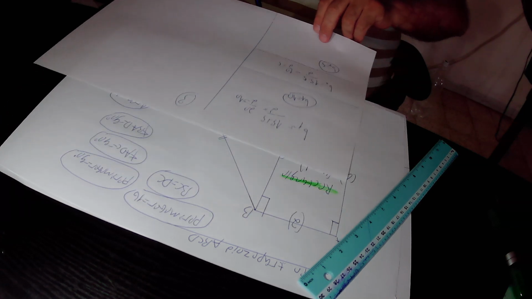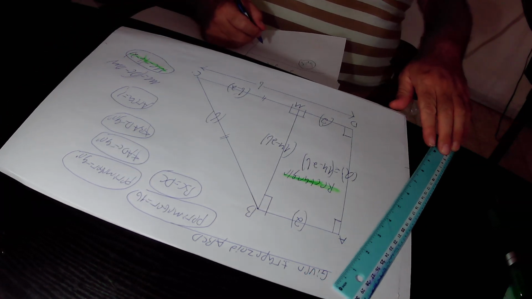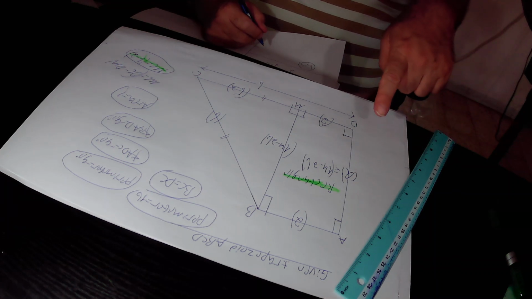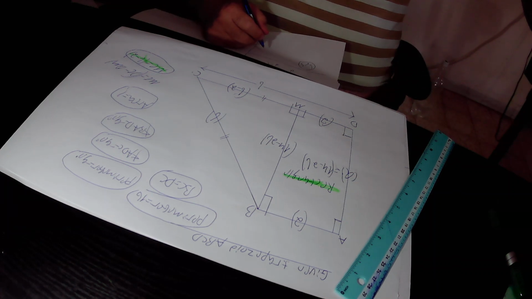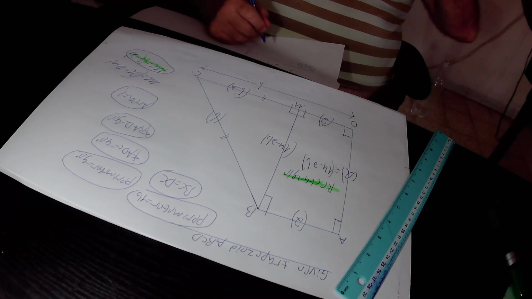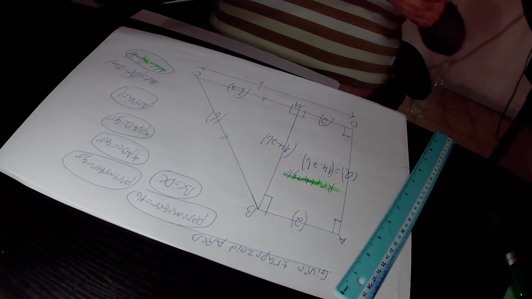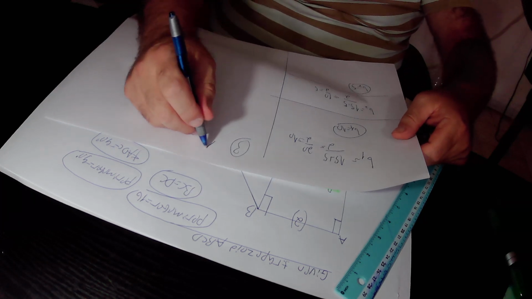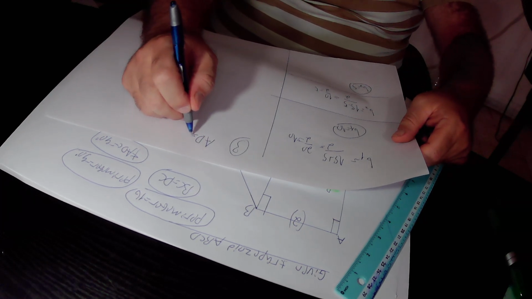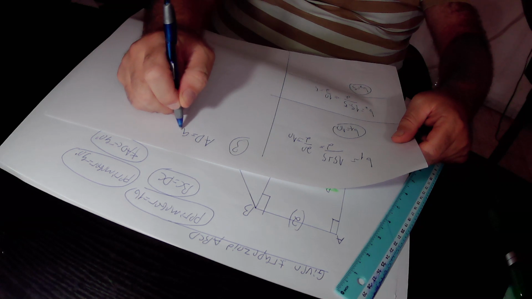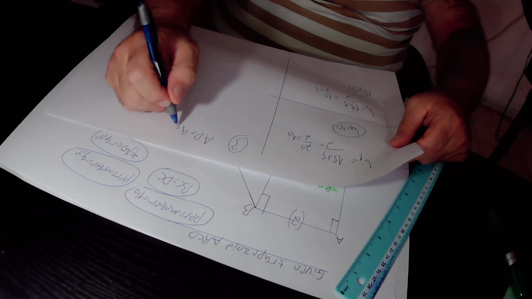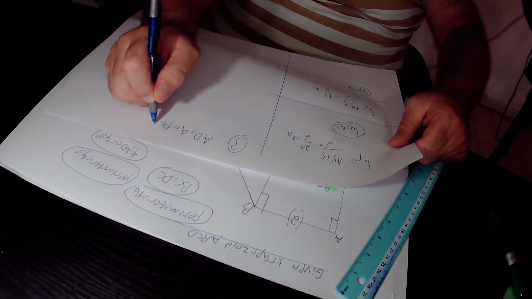We know that AD is one side of trapezoid ABCD, so AD is a length, and as a length it must be a positive number. AD, according to our definition, is equal to a, and we found that a equals 14 minus 2b.